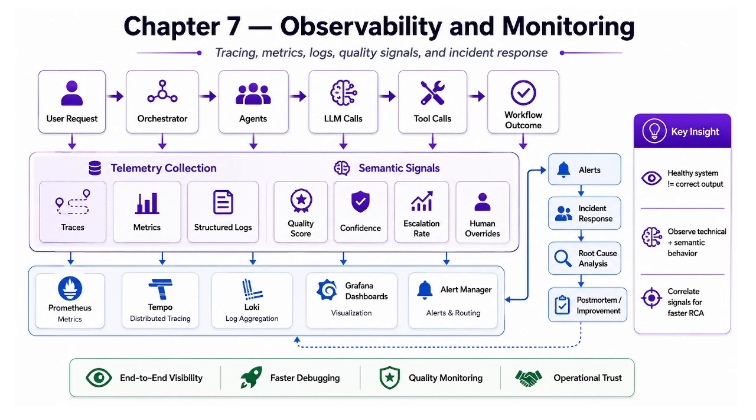Then we have observe technical plus semantic behavior. So everything will be under observation. The technical capability of the agent and the semantic behavior of the agent. Semantic behavior is the personalized behavior of the individual agent. It will be clear and visible to you as the engineer. And then lastly, we have correlate signals for faster root cause analysis.